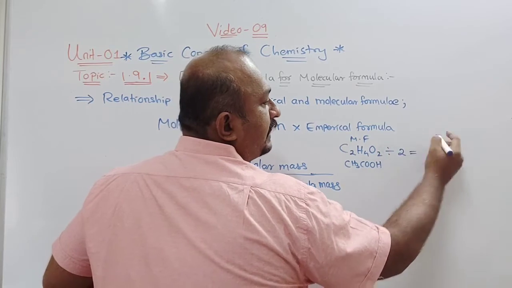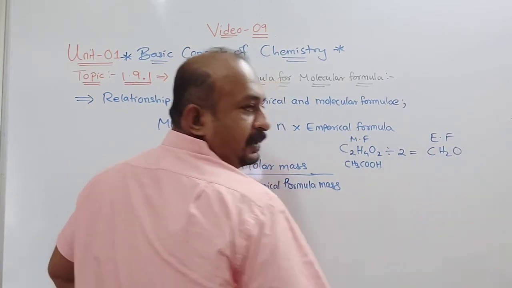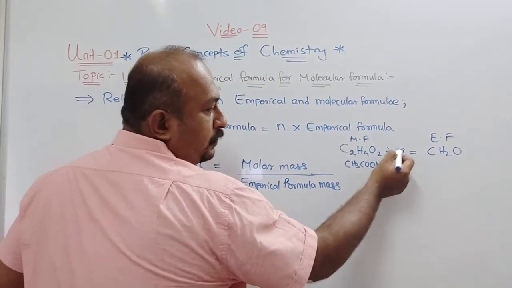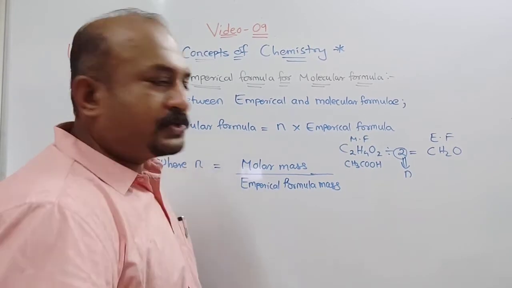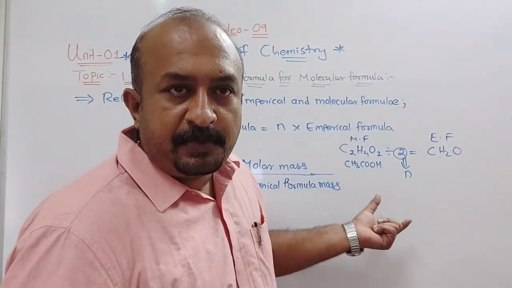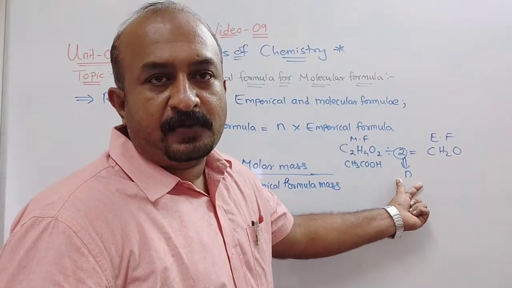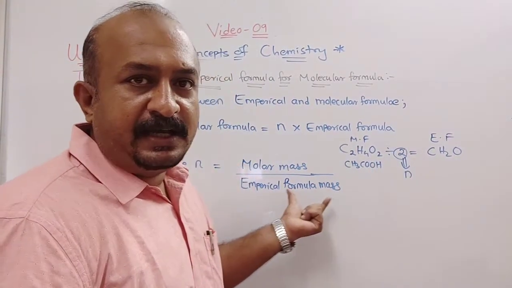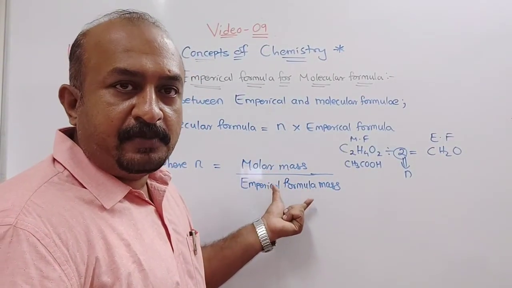So you got which formula? The empirical formula. That is what? CH2O. Understood this part? So this 2 is the N we are talking about. Clear? So whichever common multiple through which we divide a molecular formula is the value of N. Okay, so this part is clear. That is, this is the relation. You can write down this in your fair book.